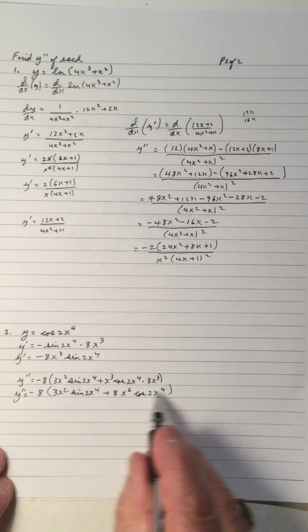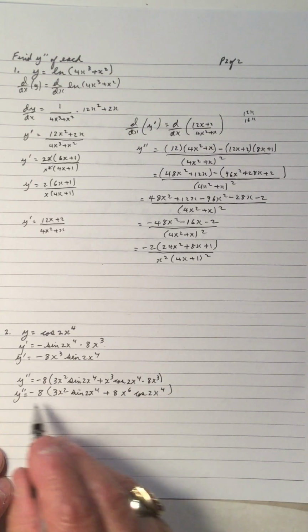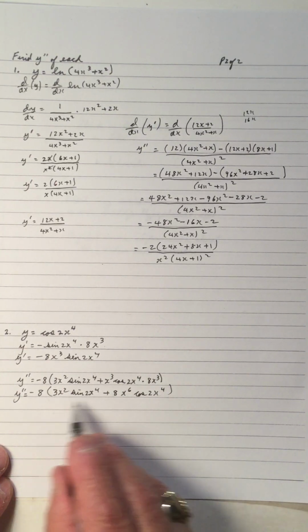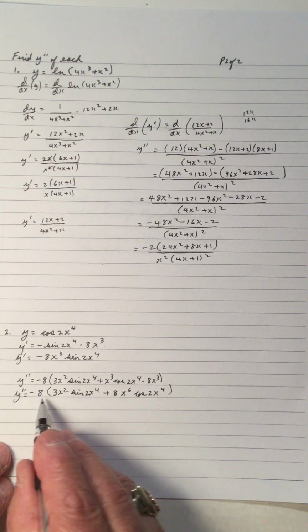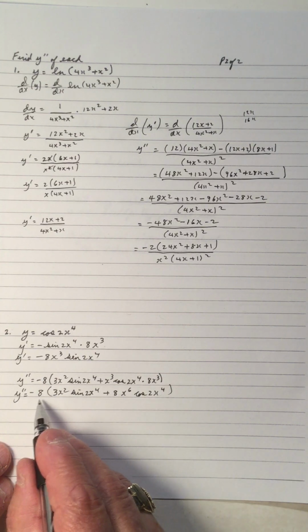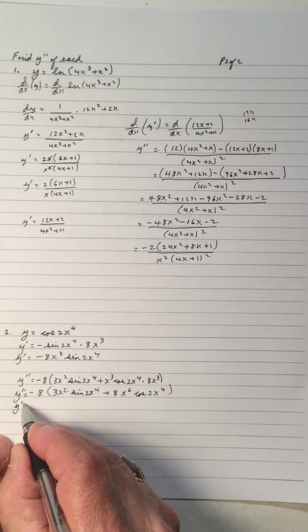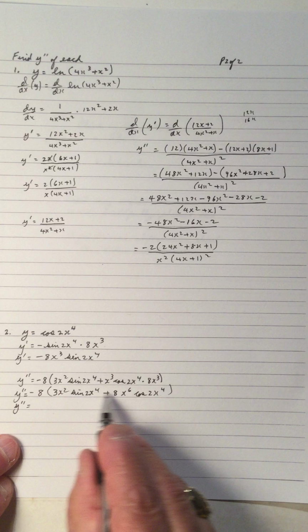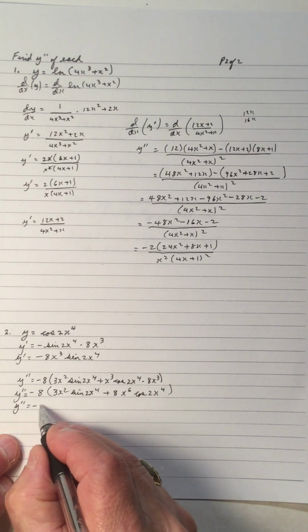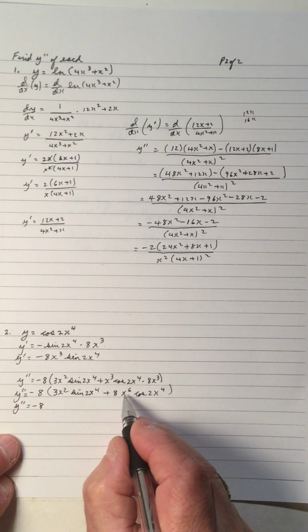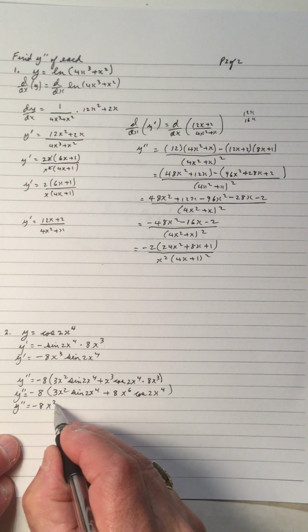And if you want to multiply 8 in through here, or if you want to take the x out, it depends. You can take the x out, or x squared comes out, or we can multiply the 8 in through. So it doesn't make any difference, whatever way you want to. So we take the x squared out.